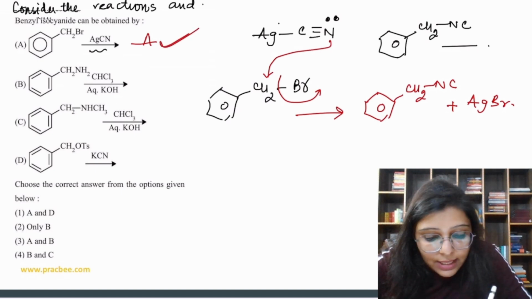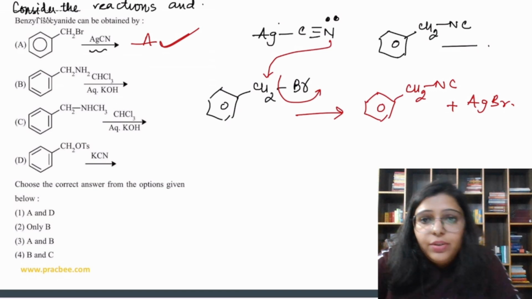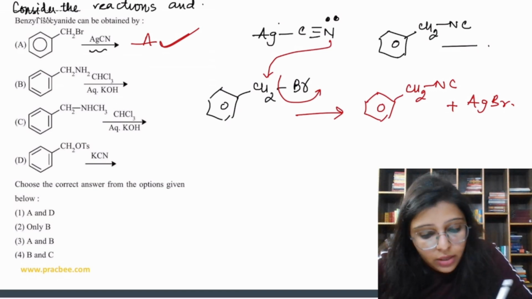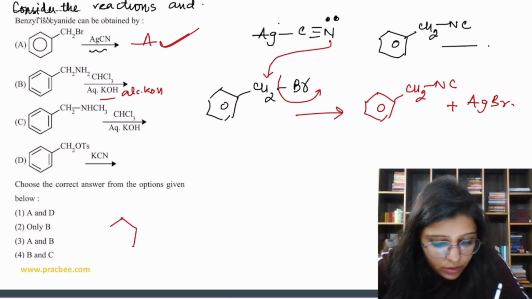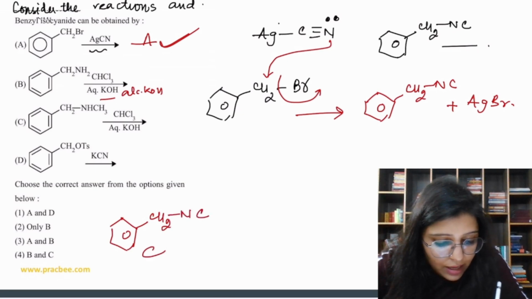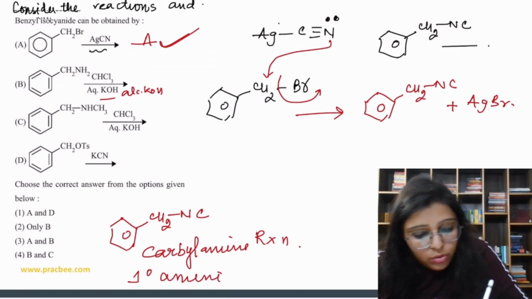Then we have CHCl3 with aqueous KOH. Generally we should be having alcoholic KOH for CHCl3, but aqueous KOH we can also do this one. So we write CH2NC. That's the carbylamine reaction. Primary amines can show the carbylamine reaction, and this is secondary, so no carbylamine.